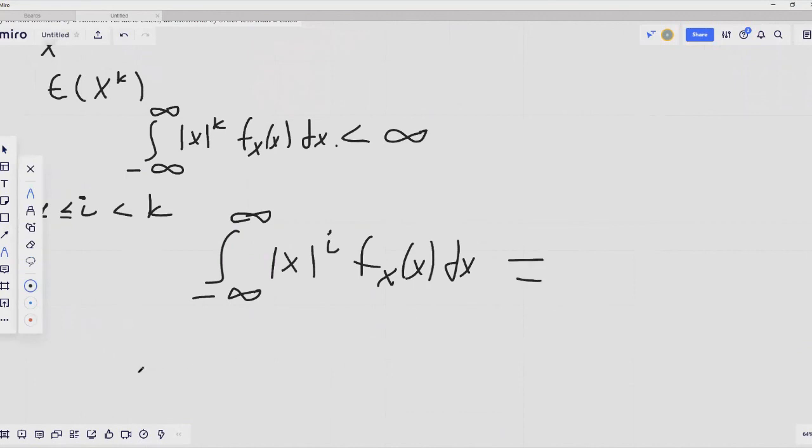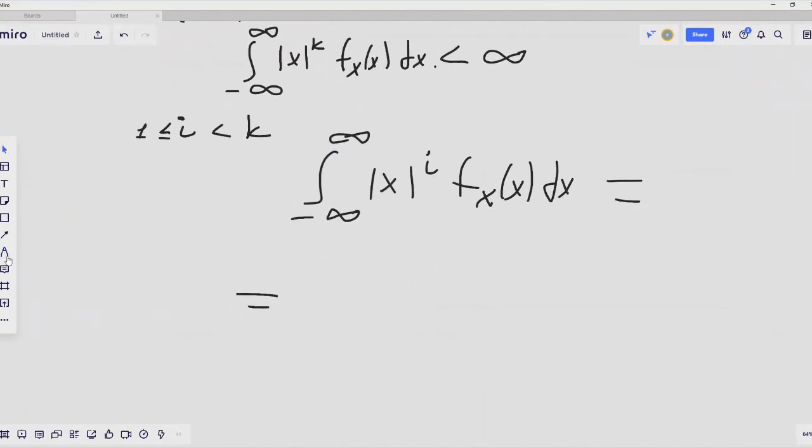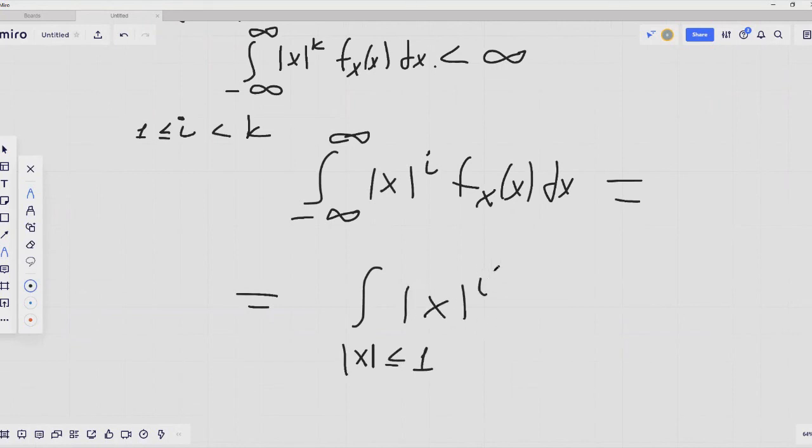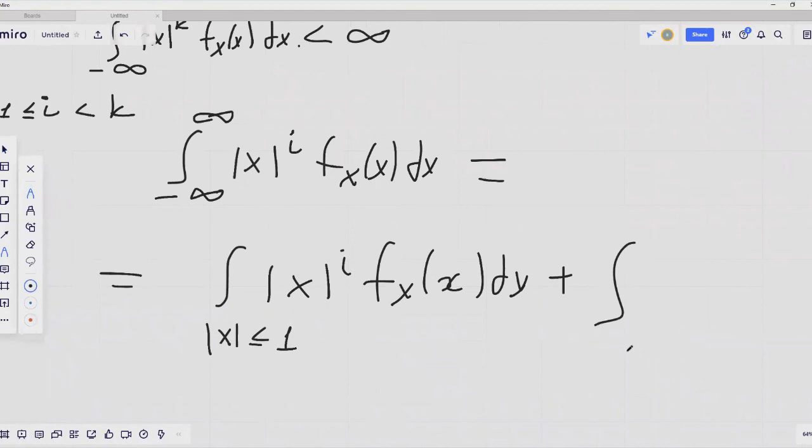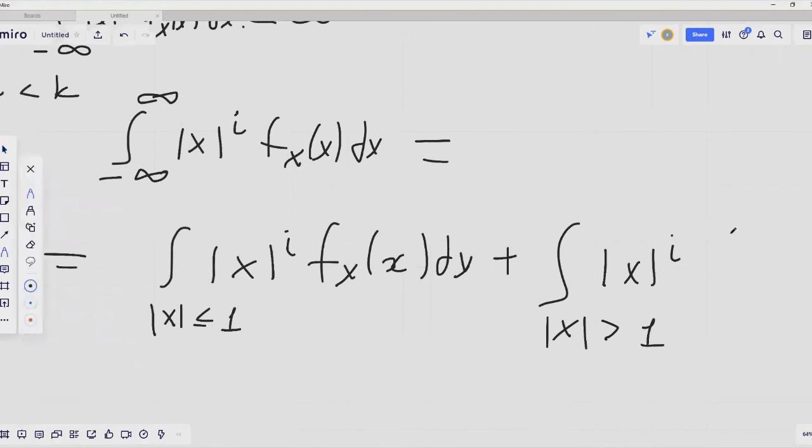To show that, let's start off by expressing that integral as an integral for the values of absolute value of x less than or equal to 1, of absolute x to the power of i f of x dx, plus an integral for the values of absolute value of x greater than 1, of absolute x to the power of i f of x dx.